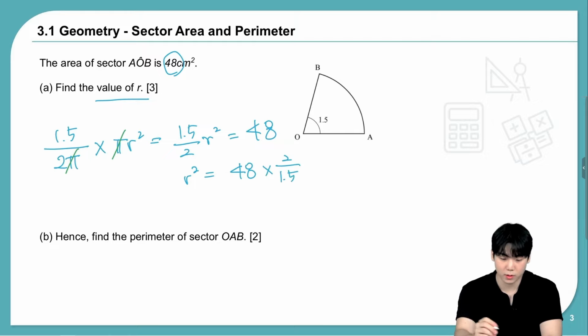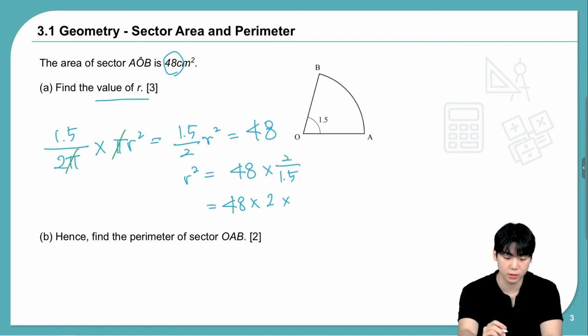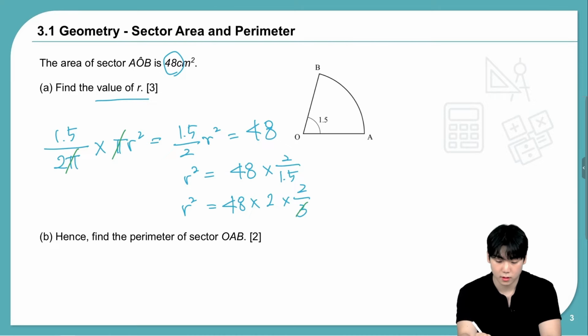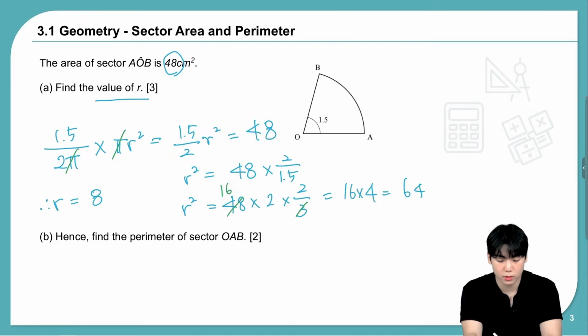If I do quick maths, I'm going to rewrite 1.5 as 3 over 2, so it's 2 over 3, because it's a multiplication. And that is equal to r squared. If I just cancel out, then I have 16, and hence this is 16 times 4, which is 64. And finally, we have our final answer: r is equal to 8.